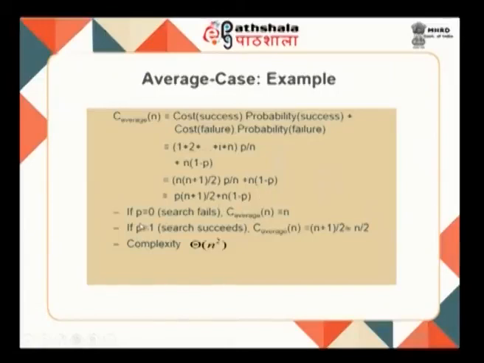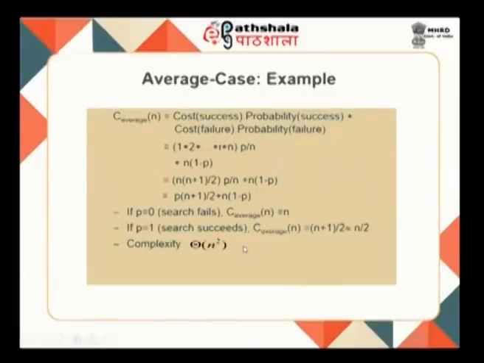So, if p equals 0, that means the search fails, you can see this expression reduces to n. If the search succeeds, then it comes down to n plus 1 by 2, approximately n by 2, that is nothing but theta of n.